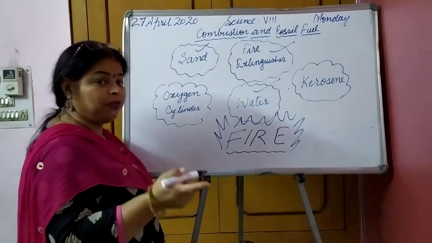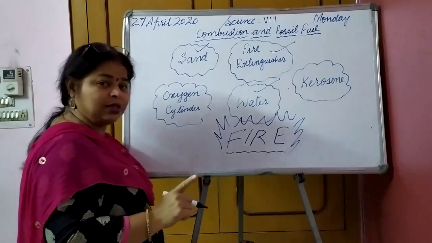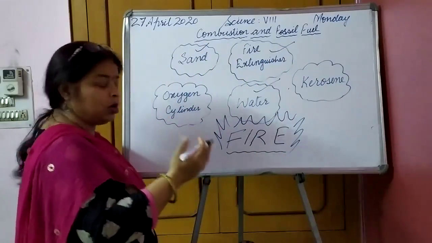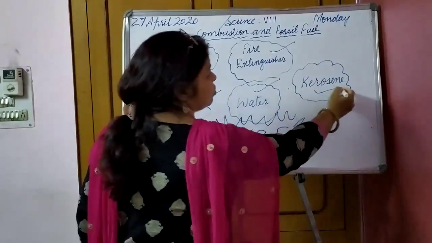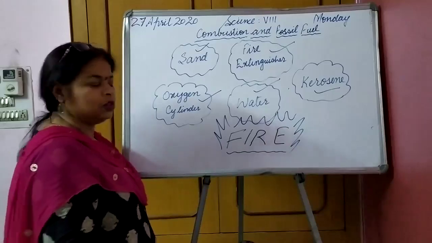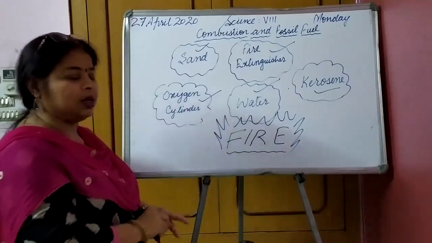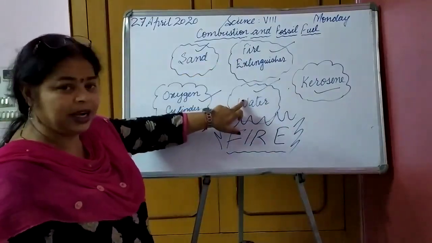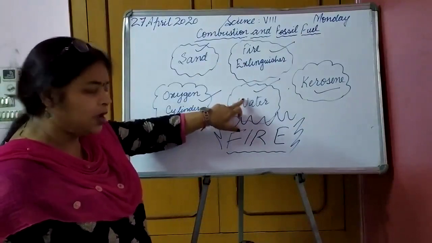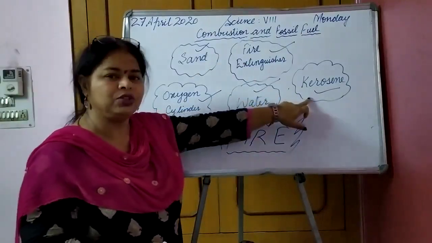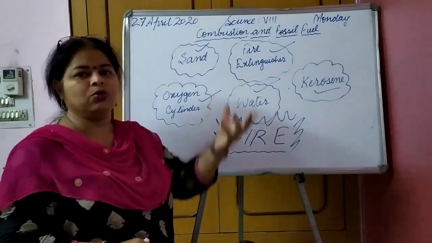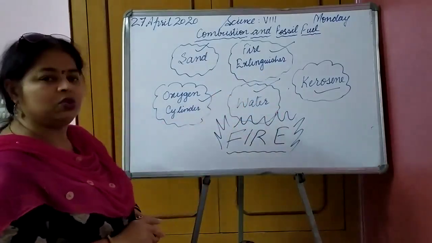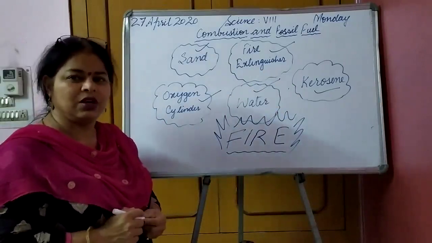The fire will enhance or go on more when the oxygen cylinder is used and kerosene is there. So these three words relate to extinguishing fire, while these two are going to promote the fire. It will go more and more. Today we are going to study about these things only.